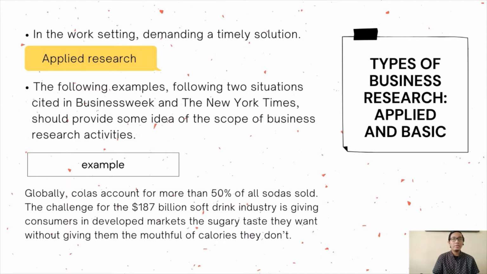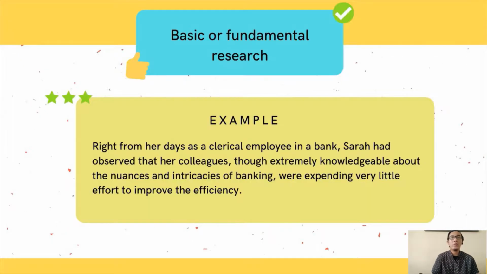Applied research. The following examples from the Business Week and the New York Times should provide some idea of the scope of business research activity. Example: global accounts for more than 15% of all sold. Basic or fundamental research.